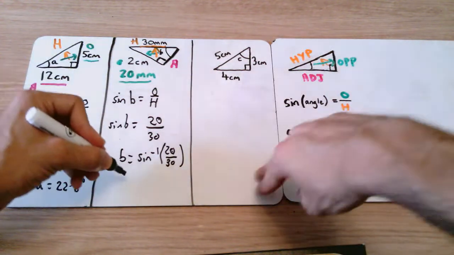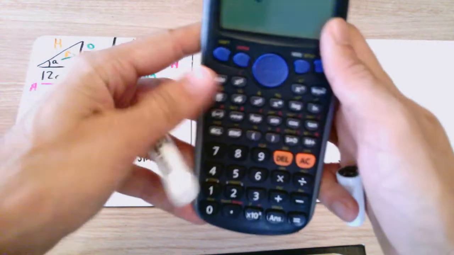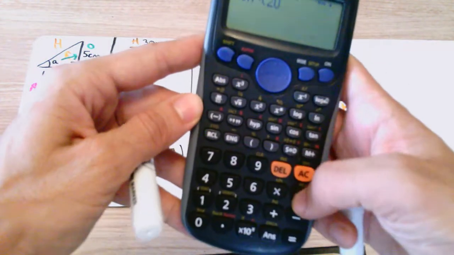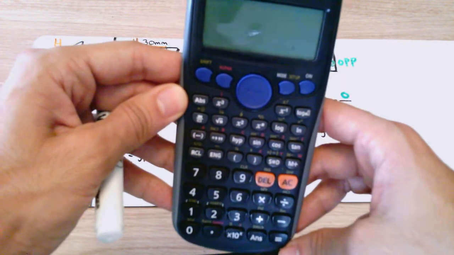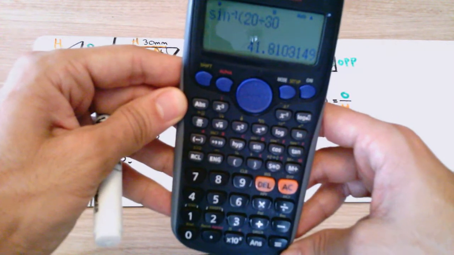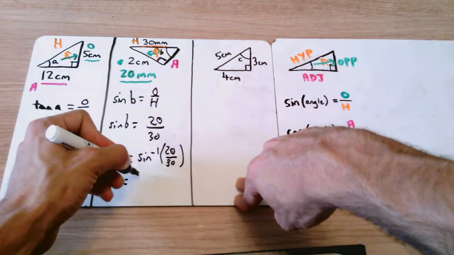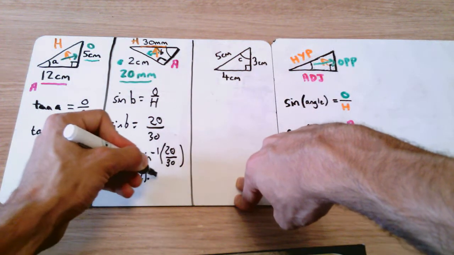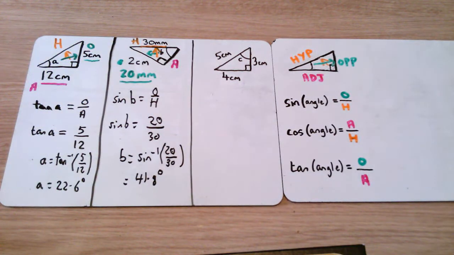And if you work that out on your calculator, once again, shift sine 20 divided by 30 is equal to 41.8 degrees. So that angle there, B, was 41.8 degrees. So we have the second triangle done.